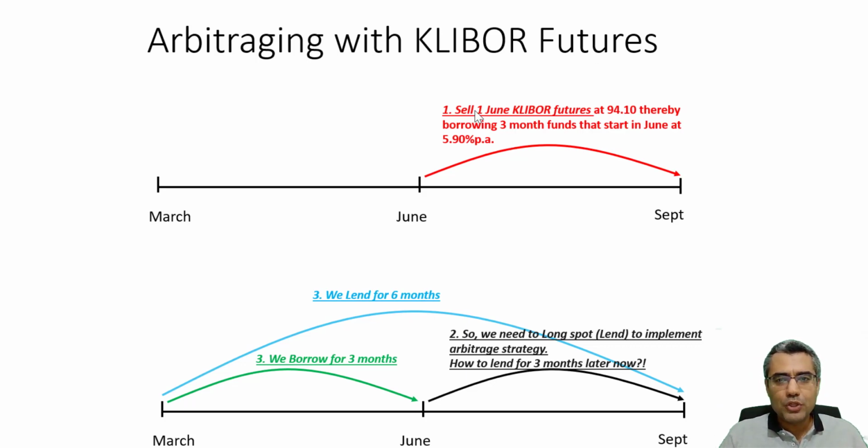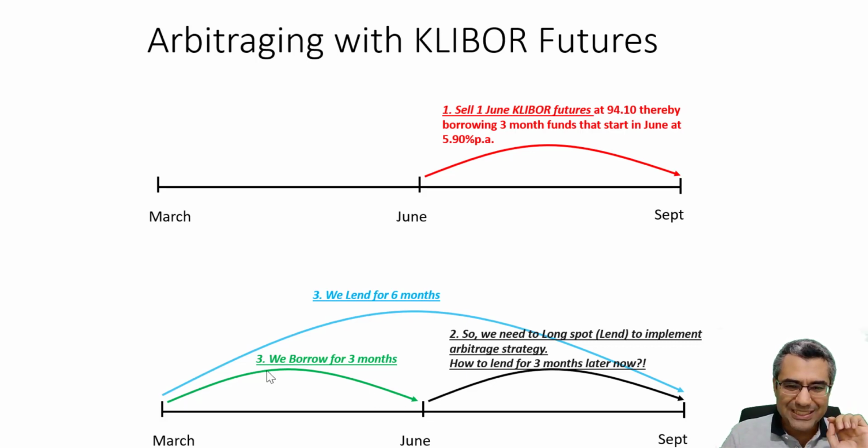So here you are shorting this, and this means you need to long or lend money in June. So how to lend for 3 months in June now? The solution is that today you lend for 6 months, and at the same time you borrow for 3 months today.